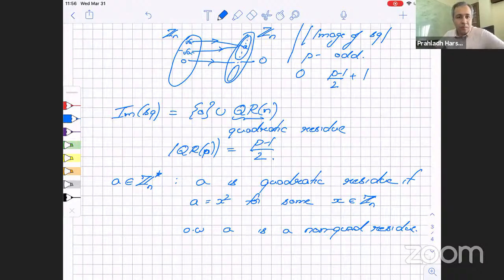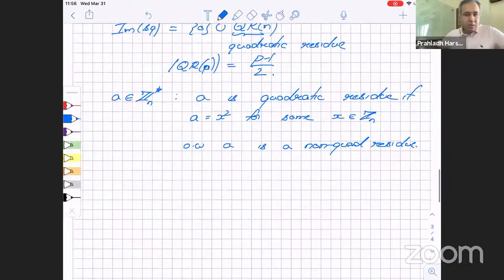The number of non-zero quadratic residues is exactly (p-1)/2. The number of non-quadratic residues is (p-1)/2. It depends whether you're going to call 0 a quadratic residue or not. Right now, I'm not going to call 0 a quadratic residue. It's a square, but it's a special kind of square. So far, so good.